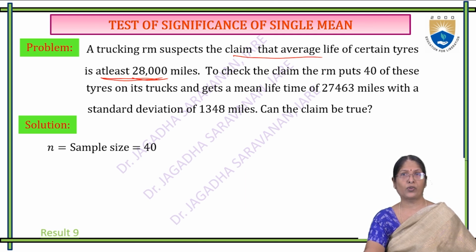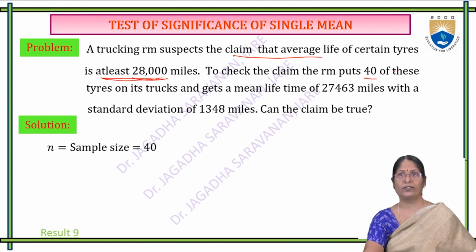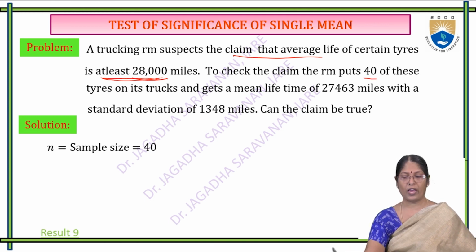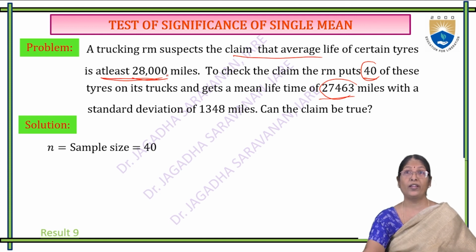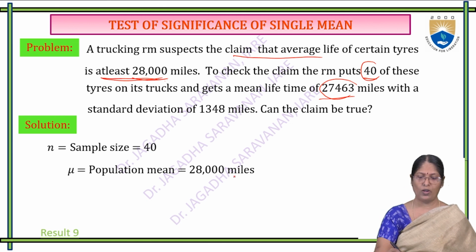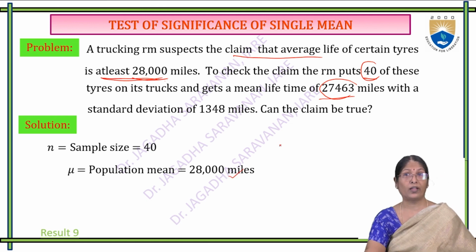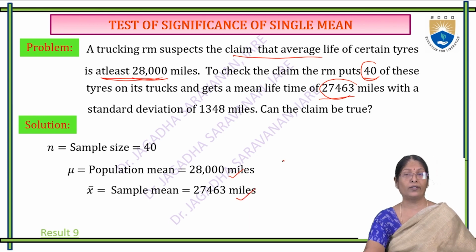Whether it is correct or not, for that we are selecting 40 tires. Their lifetime is 27,463. So this is the sample size, and this is the sample mean. With this, we are going to analyze whether the population claim of 28,000 miles is correct or not. So the population mean is 28,000 miles, whereas the sample mean is 27,463 miles.